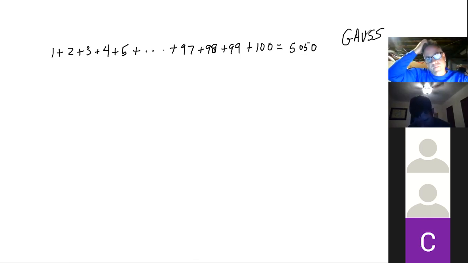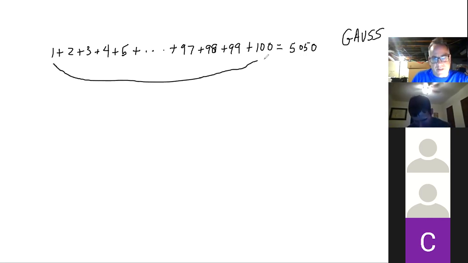But what he figured out, again, by pattern, was that instead of just directly going 1 + 2 is 3 and 3 + 3 is 6 and 6 + 4 is 10, I can add in any order I want. And I made the observation that, well, 1 + 100 is 101.